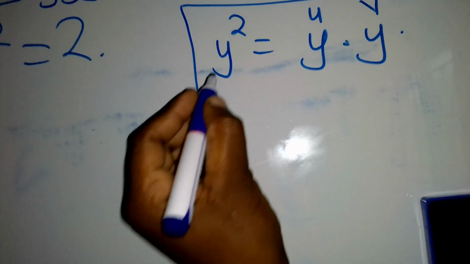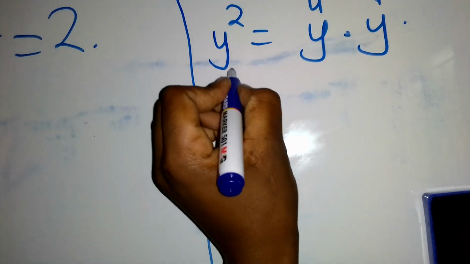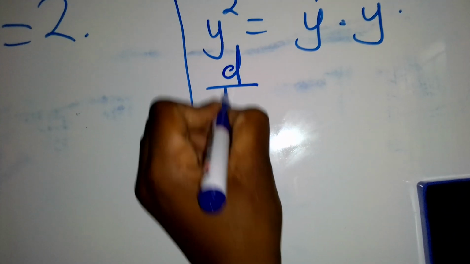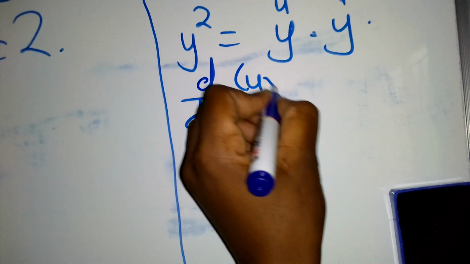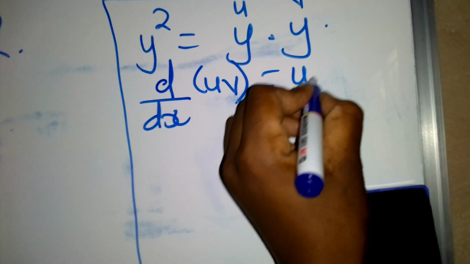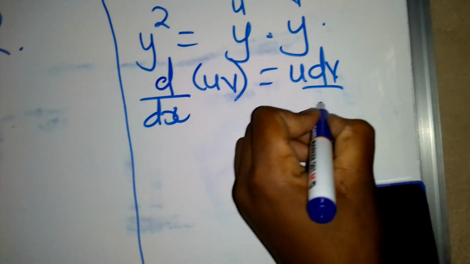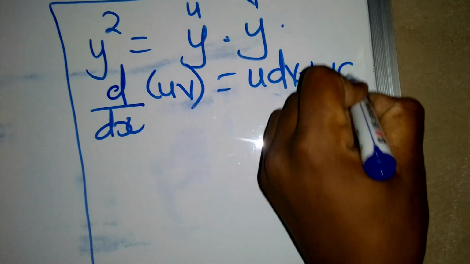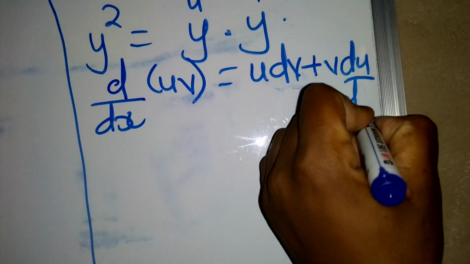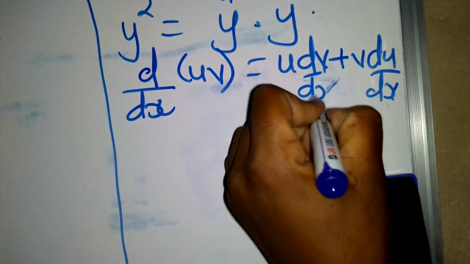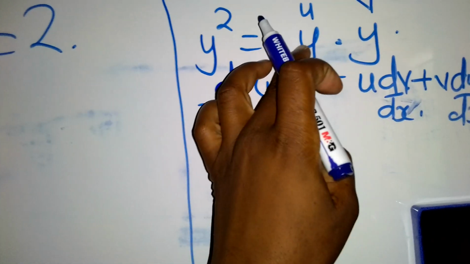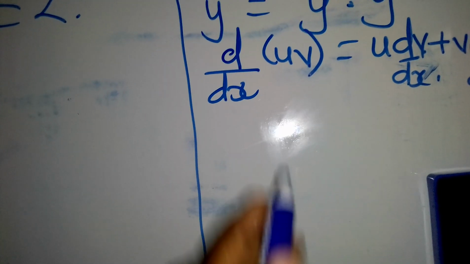The product rule says that d/dx of uv is equal to u dv plus v du, obviously over dx. So our u is y, our v is y.